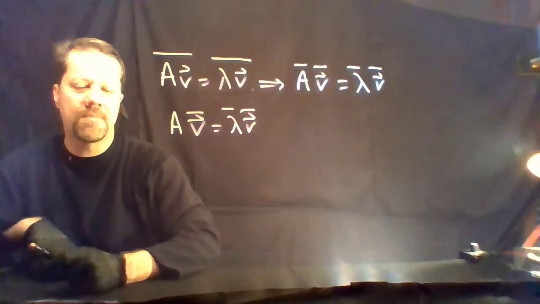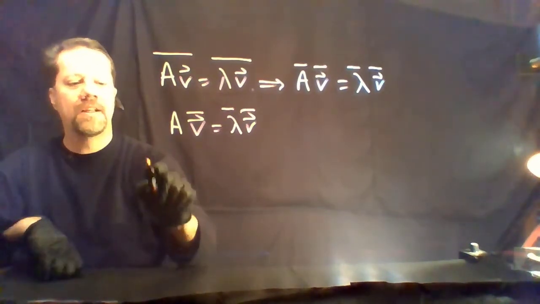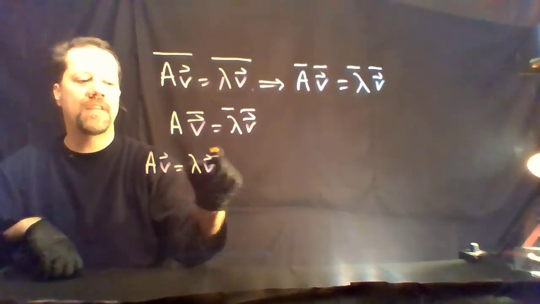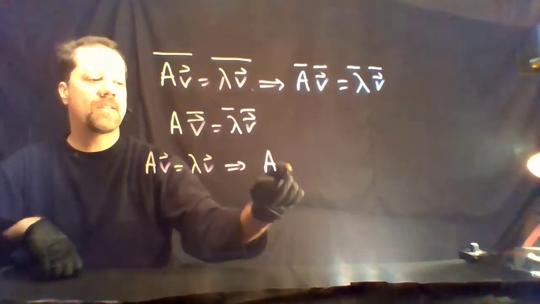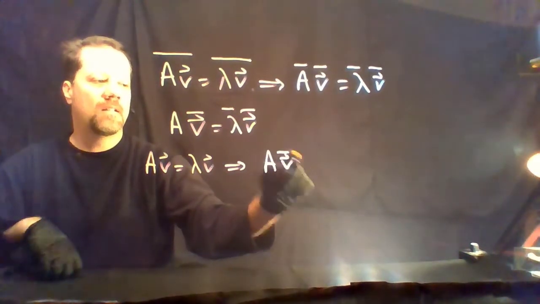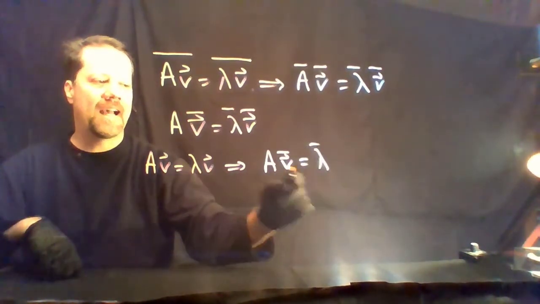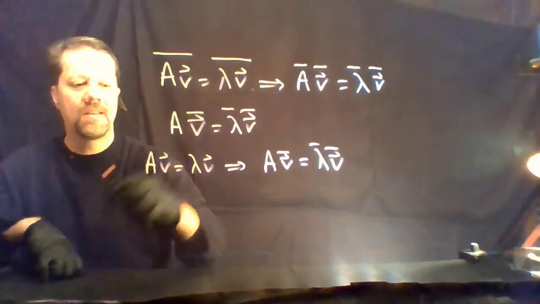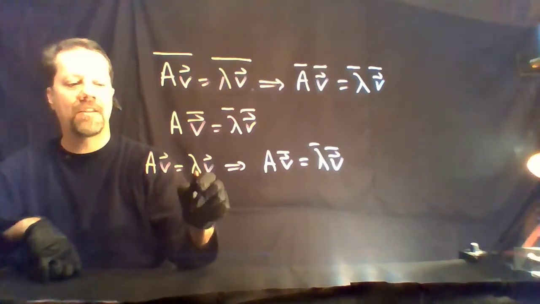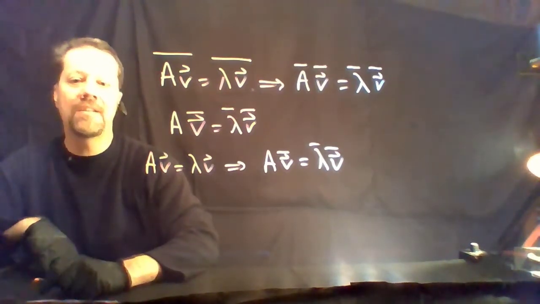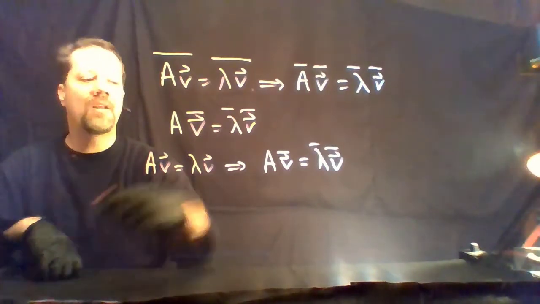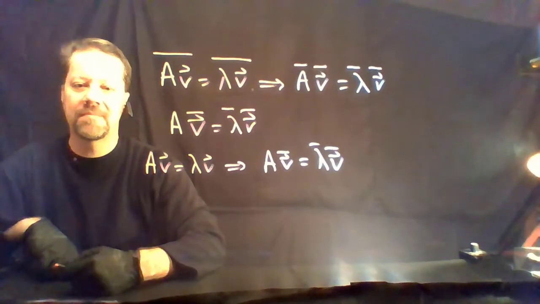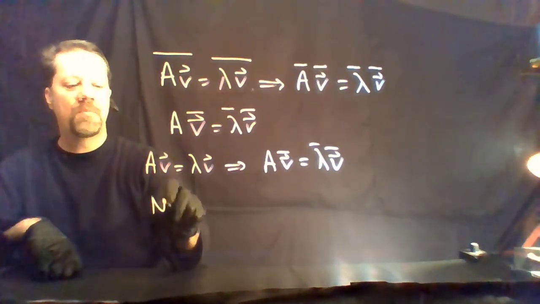This tells us something important. If lambda is an eigenvalue corresponding to the eigenvector v, that implies lambda conjugate is the eigenvalue corresponding to the eigenvector v conjugate. So if you have one eigenvalue and its corresponding eigenvector, and if they are complex, you get the other pair for free. They're just complex conjugates of each other. So, another bit of notation.